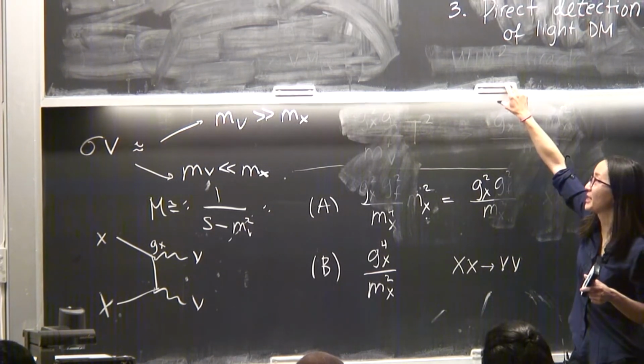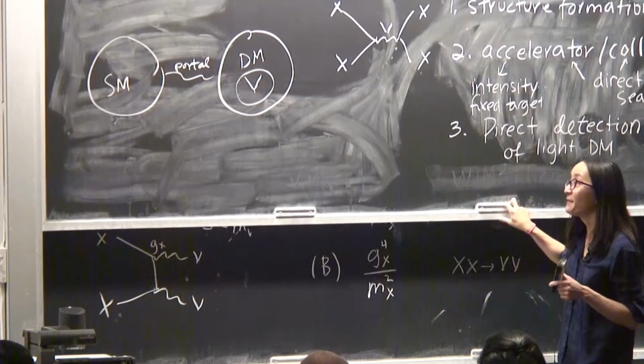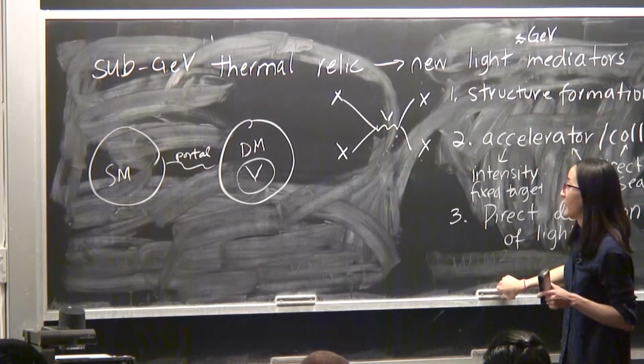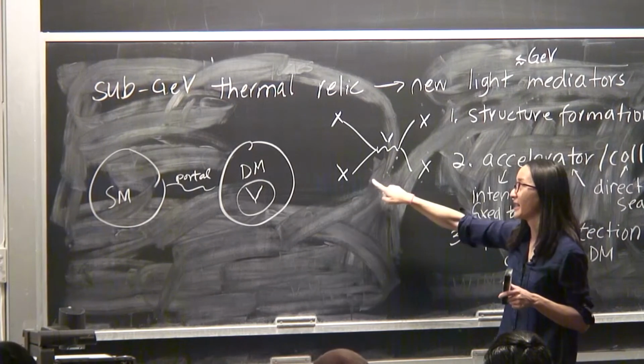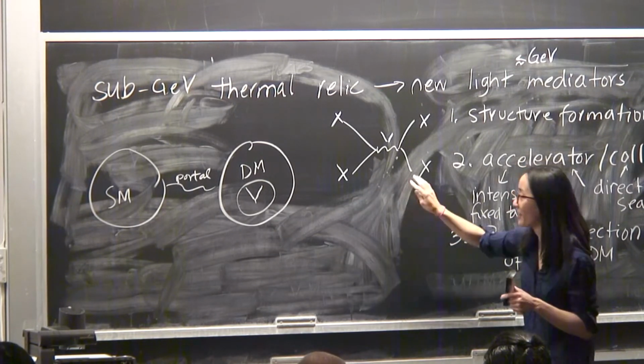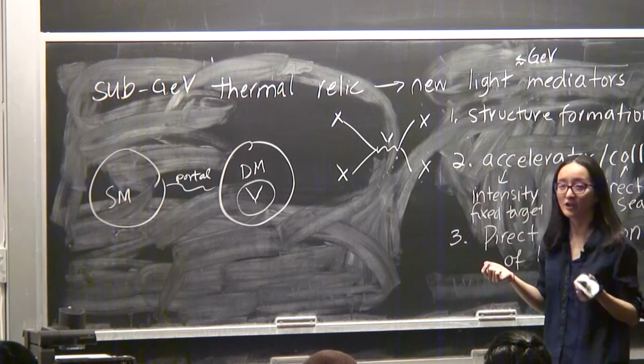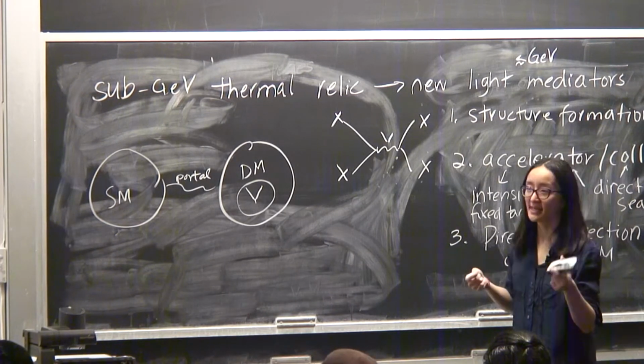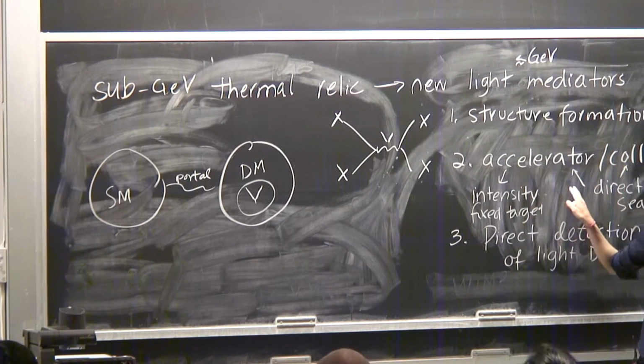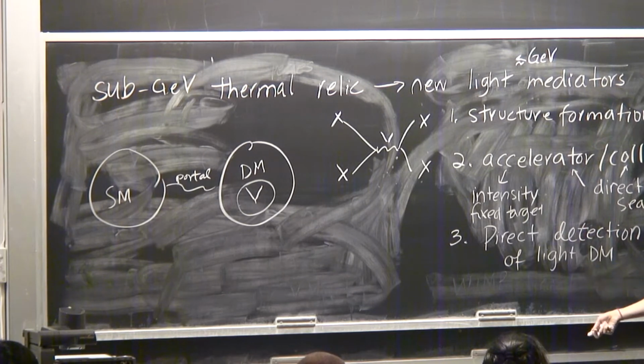Right. So the question is that it's not very obvious that I can get a large enough cross section for annihilation while being consistent with the existing bounds on the light mediator. That's the question, right?